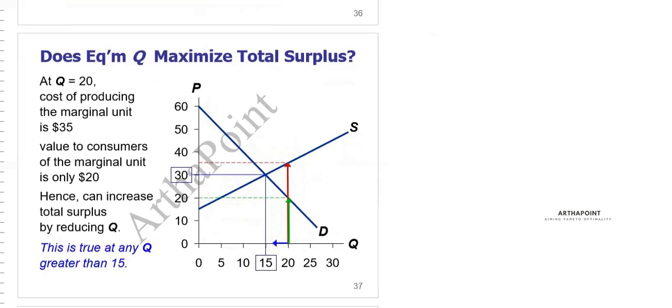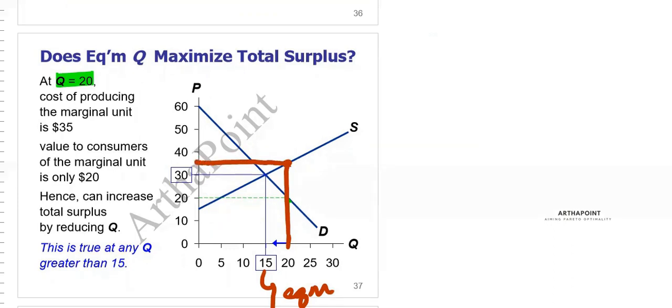Now let's say that I go ahead and I say that let the quantity be 20 units. Now, if the quantity is brought to 20 units, equilibrium is 15, where demand is equal to supply. But I increase the quantity to 20 units, then at 20 units the supply curve gives me the cost.